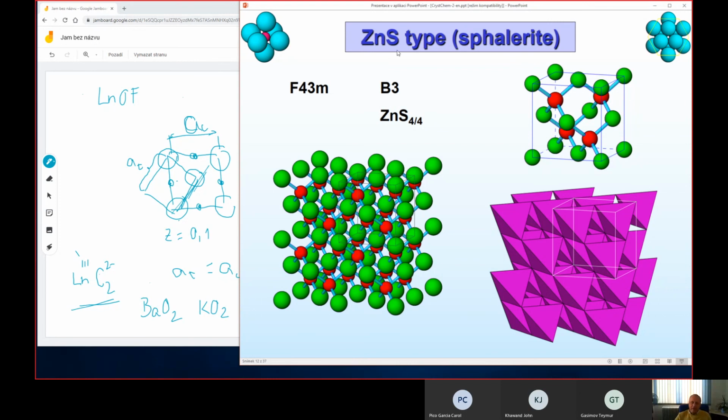The zinc blende or sphalerite structure is adopted by the compounds which are isoelectronic with carbon or silicon. That means there are 4 electrons per single atom. So in diamond structure, where the red and green atoms are the same, we have each atom contributing 4 electrons, so 8 electrons per this couple.